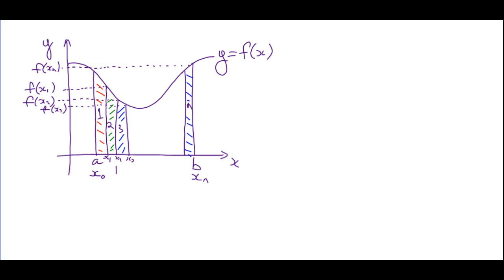And so then this distance here, the width of any given rectangle, is delta x. Okay, so that's a very squashed in little delta x there. Okay, so that's the width of a rectangle.